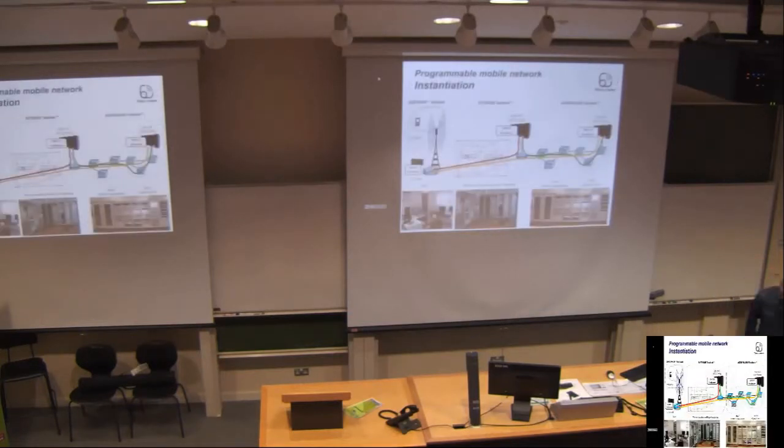Okay, so this is a picture of what we would like to have in the long term. Imagine that we have a RAN functional split. We have the physical part here within this testbed. We have an edge data center here, where, for instance, we can run the LTE stack.